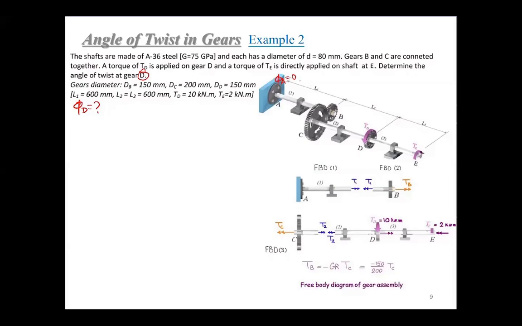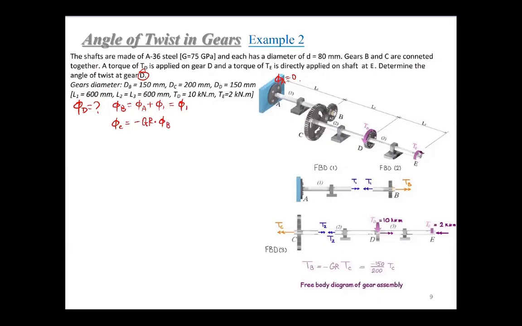So we can start from this fixed end, step by step, and then get phi D. From A through 1 to B, phi B equals phi A plus phi 1. Since phi A equals 0, this equals phi 1. Then from B to C, phi C equals, again by our golden rule, negative gear ratio times phi B.